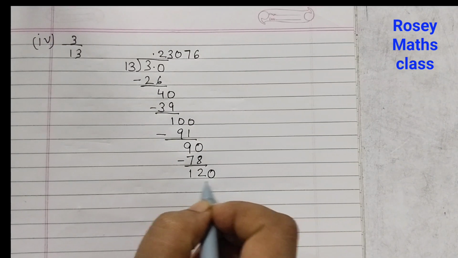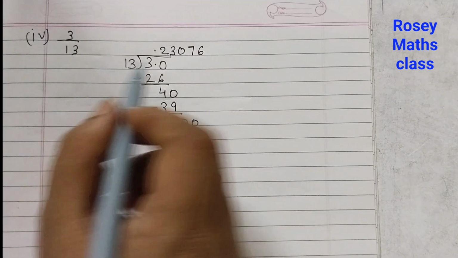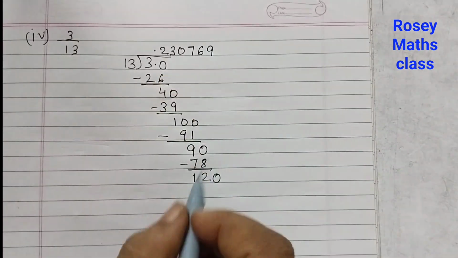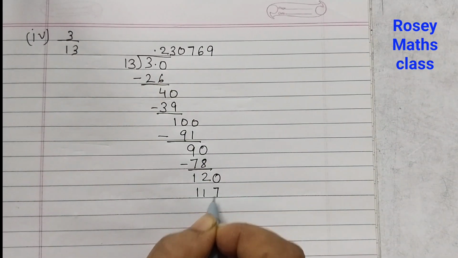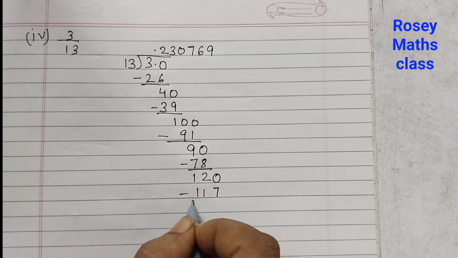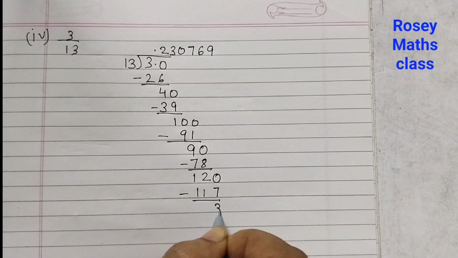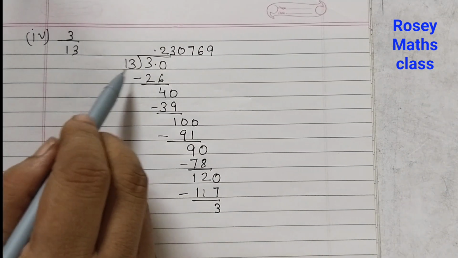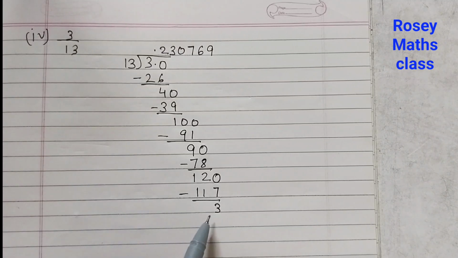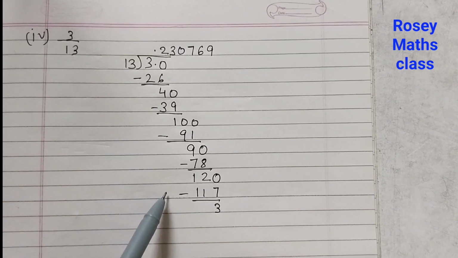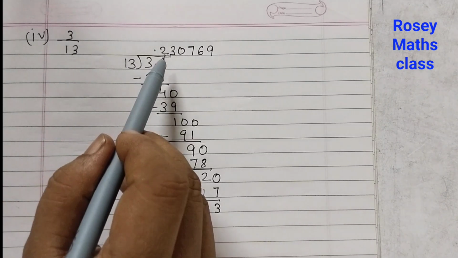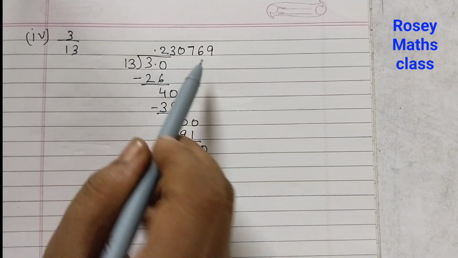Put a 0. 120. 13 nines are 117. 120 minus 117 is 3. So we started with 3 and again we got a 3. That means if we go on dividing, it will follow the same pattern, which means this block will repeat itself.